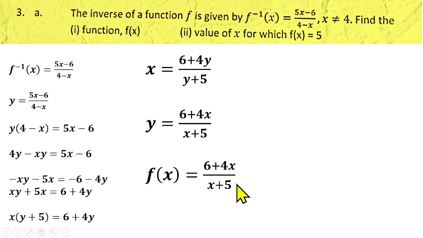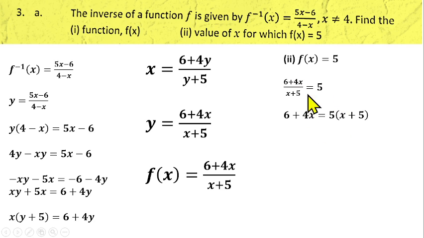Now that we know the function, we have to find the value of x when f of x equals 5. So all you need to do is to equate this to 5, then you can find your x from there. So if you do that, you'll have f of x equals 5. Then that means your f of x, this function 6 plus 4x over x plus 5, equals 5. Cross multiply there, you'll have 6 plus 4x equals 5 into x plus 5.